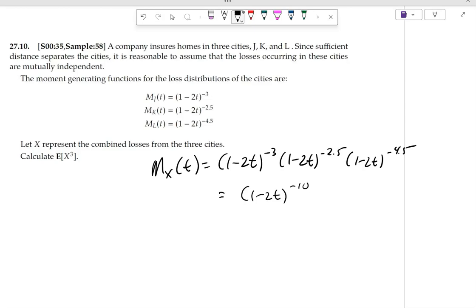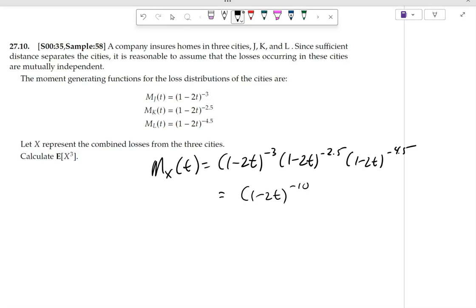All right. So we found the moment generating function. How do I use the moment generating function to find the expected value of x cubed? What do we do? Yeah, take the derivative 3 times and then plug in 0. Good.